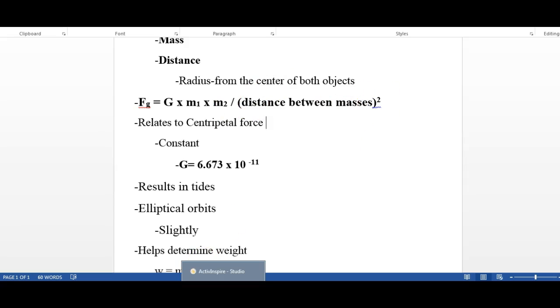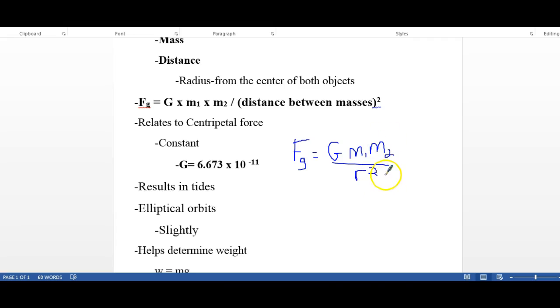So if I was going to write this out as just a simple equation, F_g, the force of gravity, equals G, m1, m2, and then you divide it all by the radius, and you square it.